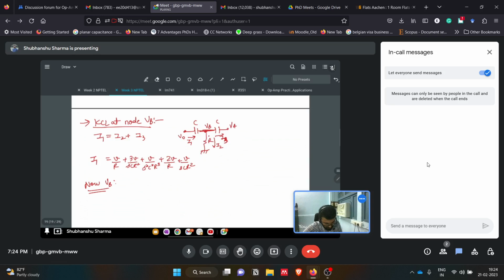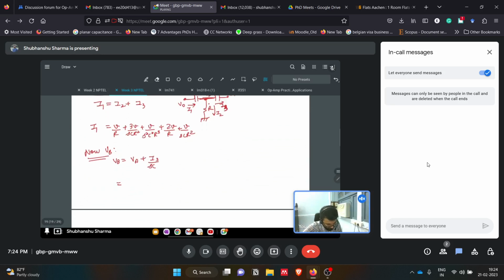So we'll get VB equal to VA plus I3 by SC. After substituting all the values, we know VA, we know I3, we finally get VB as V plus 3V by SRC plus V upon S square C square R square.